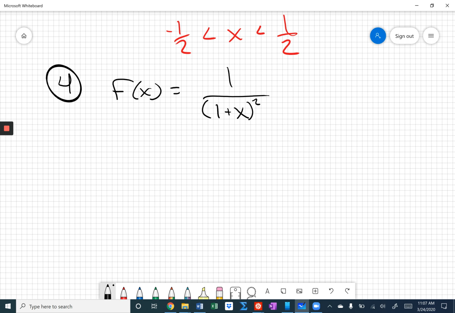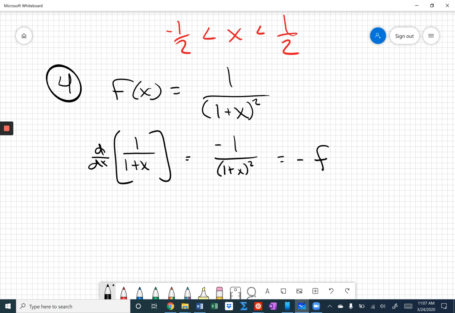And the one we're talking about here is, let's point out, if we take the derivative of 1 over 1 plus x with respect to x, then we end up with negative 1 over 1 plus x quantity squared. So this is the opposite of the function f of x that we have here.